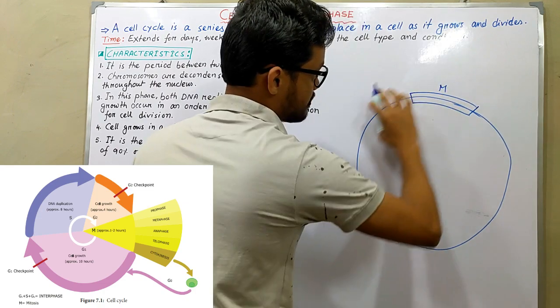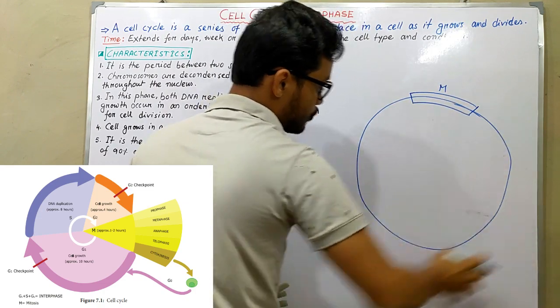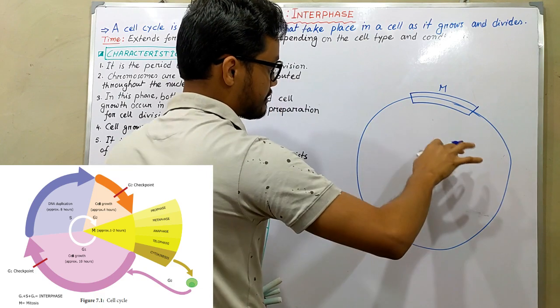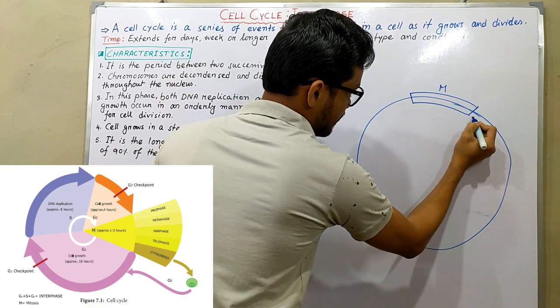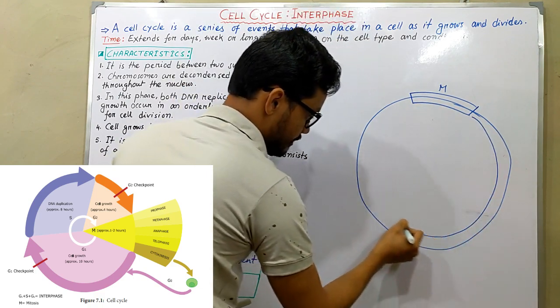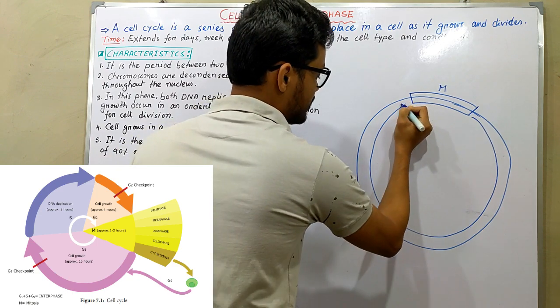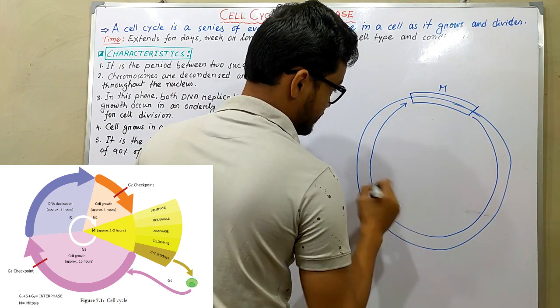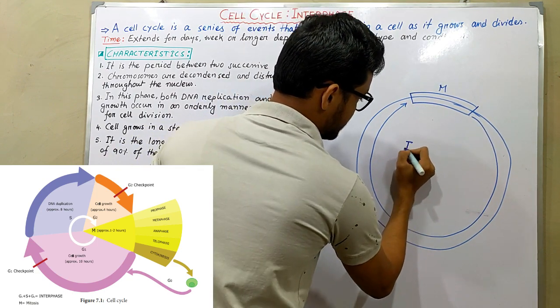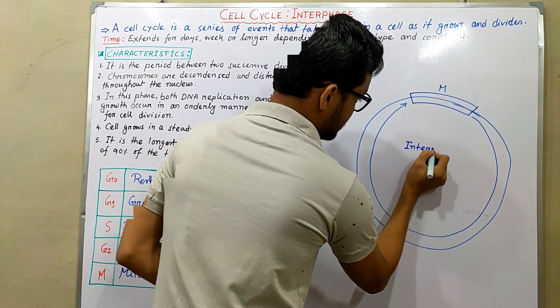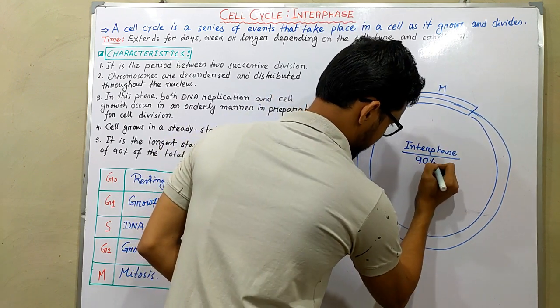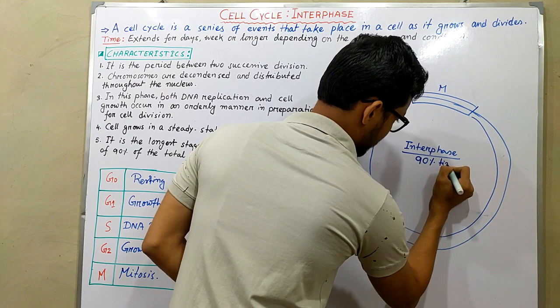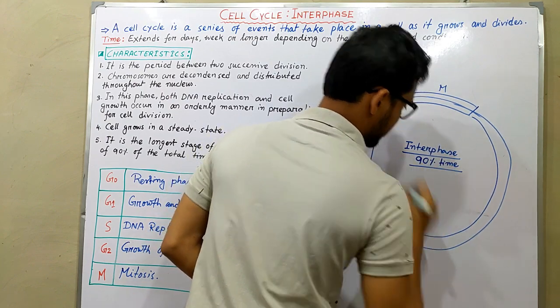So this is the M phase, a little bit of space, and in 90% of the cycle it is occupied by interphase. So this portion is interphase. Interphase consists of 90% of the time of the cell cycle.